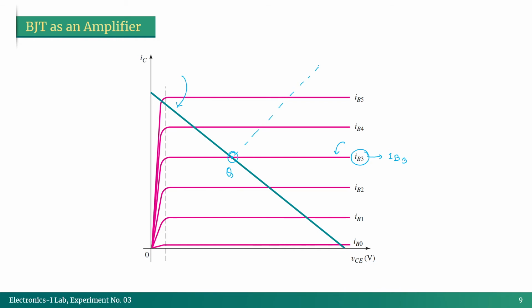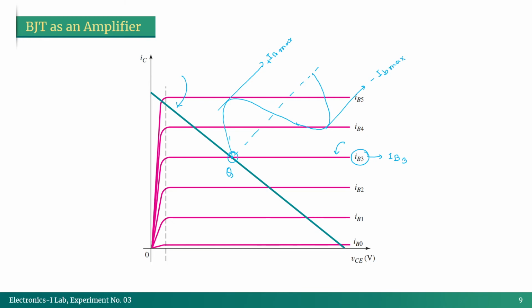So how the amplification will be done can be visualized like this. Let's say we are giving a small AC signal at the input. So this should be like this. You can think of this as our IB current. Maybe this is IB max plus, and this is our minus IB max.